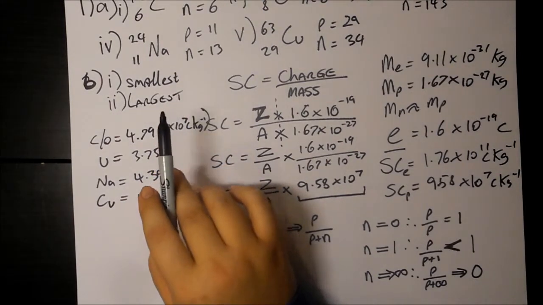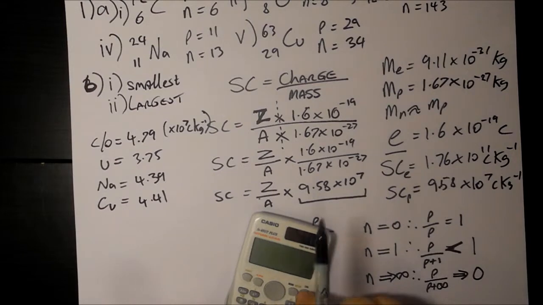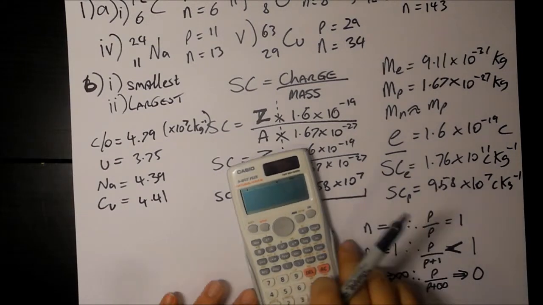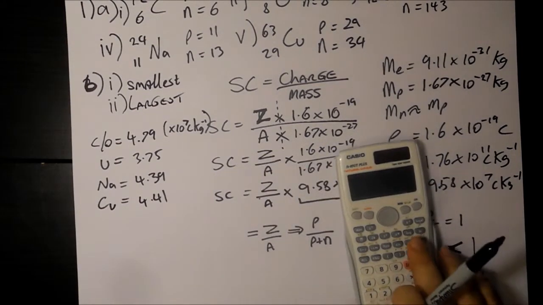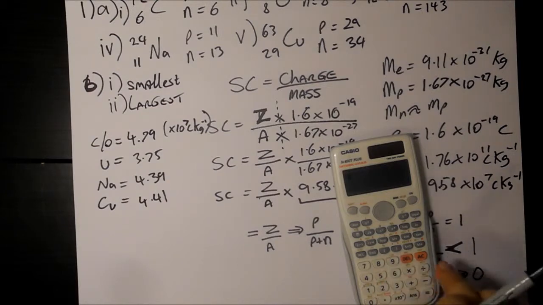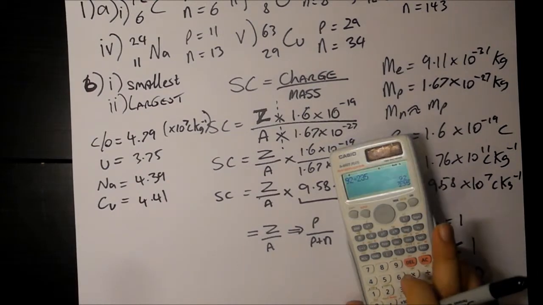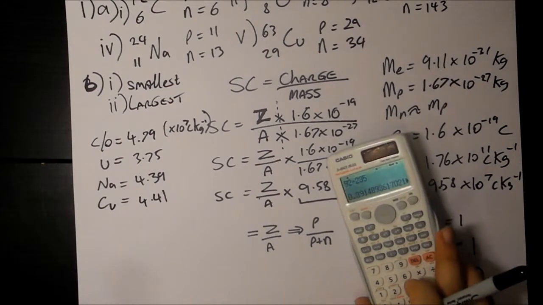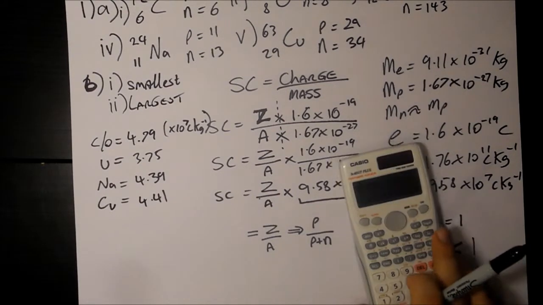So, in an example, I could have worked out that uranium was the biggest by doing 92 divided by 235, and I don't know if you can see this on the screen, but it gives me 0.39.